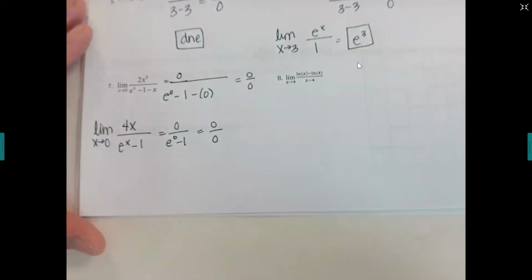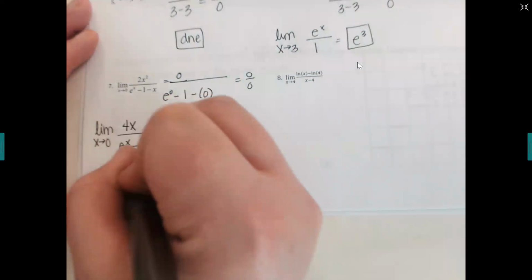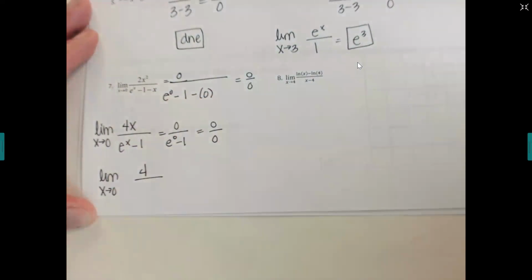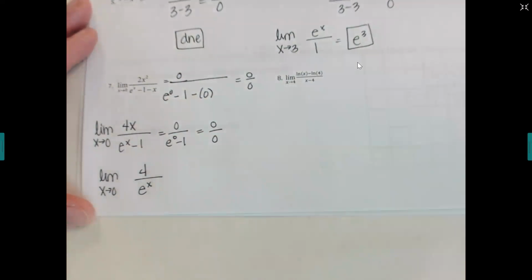One of the parts of the function has to not be 0. So let's take the derivative again. What do I get for the derivative on top? Just a 4. And then what happens with e to the x minus 1? Stays the same, except the minus 1 will go to 0. And now from there, I'm going to get a conclusion.